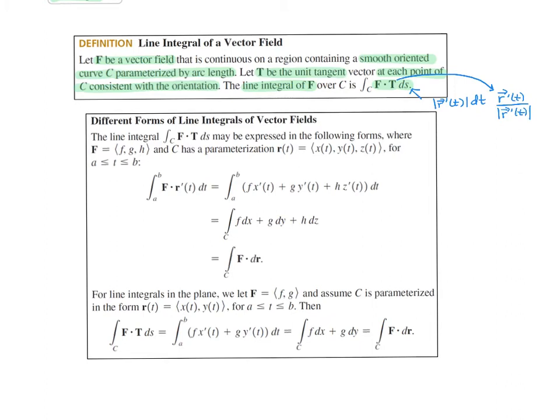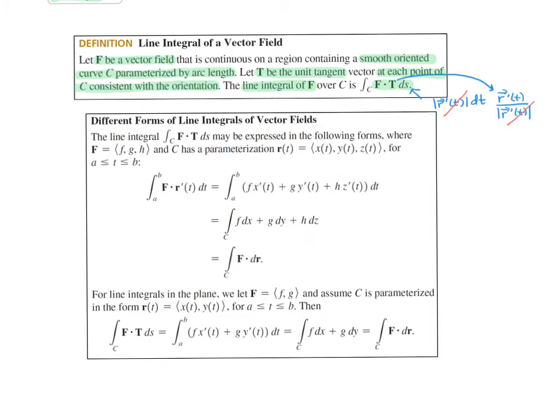So notice that for the tangent vector and ds, the magnitude of the derivative of our curve cancels, and we just end up with the derivative dt, which is how we're going to go from arc length to any parameter t, and that's in the box below.